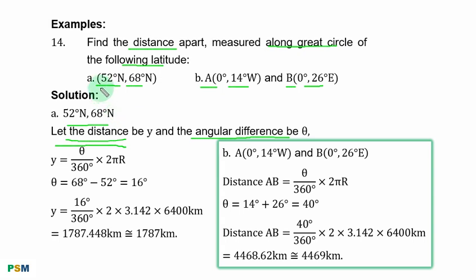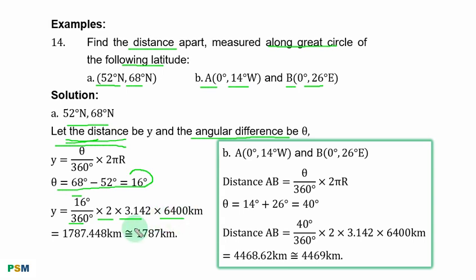The 2 points are on the same side of the equator. Hence, their angular difference is through subtraction, and you have theta to be 16 degrees. You come here, you have y equal to 16 degrees over 360 degrees times 2 times pi, 3.142, times the radius of the earth.